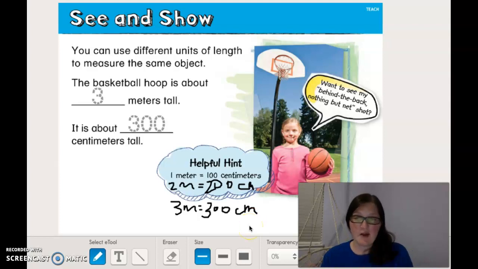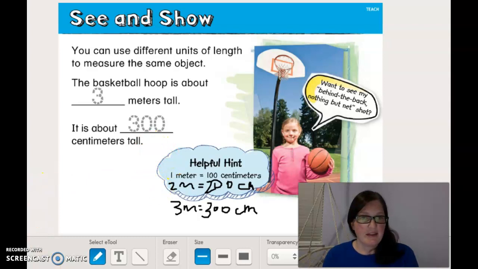The nice thing about the metric system is that it uses this great progression of tens, so I can just use this idea: 1 meter is 100 centimeters, 2 is 200, 3 is 300, to help me measure in different ways.